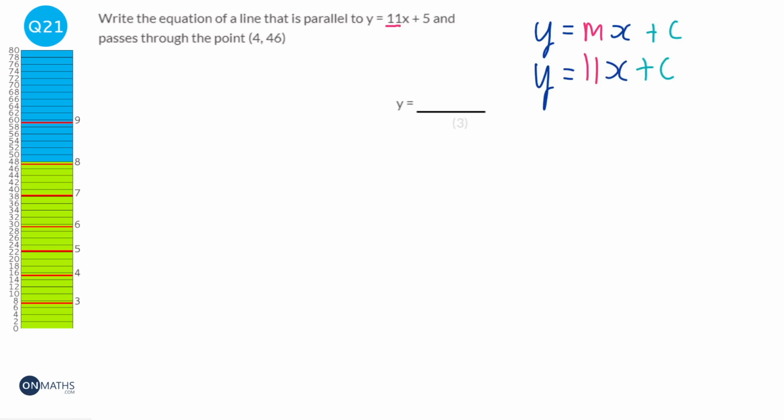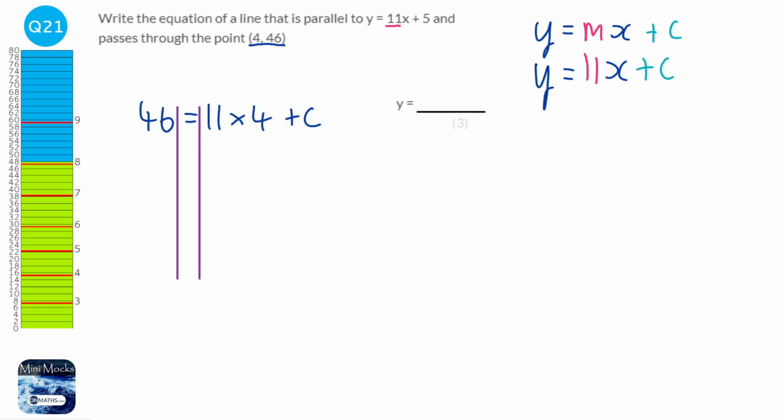So all we need to do now is find out what that plus c is. And what we're going to do is substitute in the values of x and y for the coordinate we're given on the line. So it's going to be 46 equals 11 times 4 plus c. And we just need to solve this.